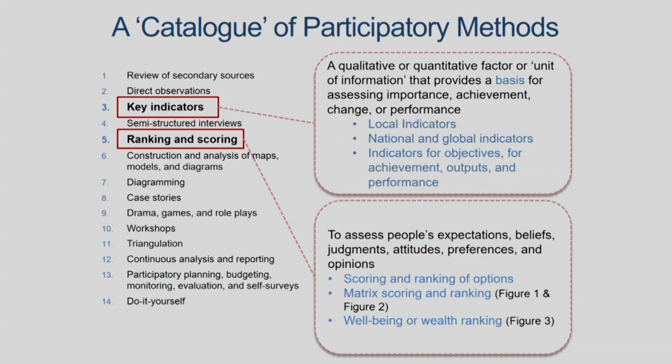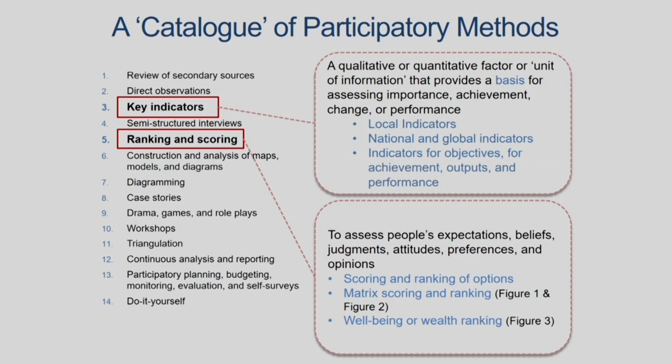Indicators for objectives, achievement, outputs and performance are another important area because these are integral tools when the logical framework is applied in planning and monitoring development interventions, and most development agencies attach much importance to indicators without necessarily being able to advise on which indicators to use.